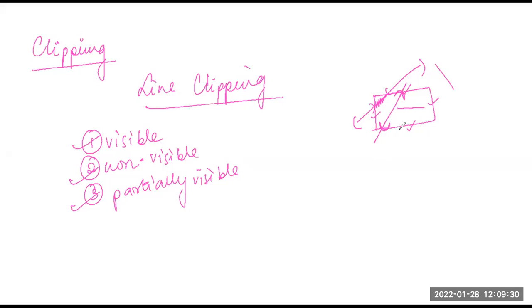In order to find the coordinates, we need to apply the clipping algorithms. So under the clipping concepts, we will study line clipping and polygon clipping. First we will study line clipping, finish that, then we will study the polygon clipping concept.